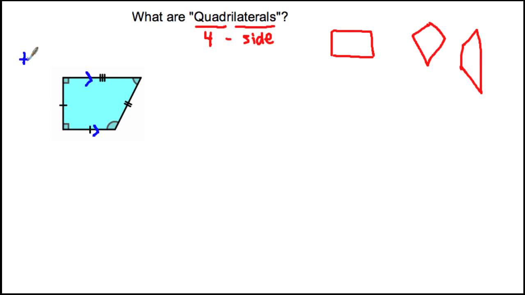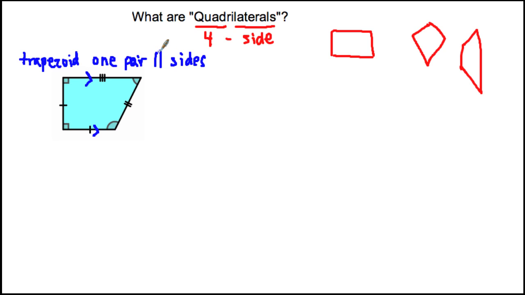So a trapezoid has one pair of parallel sides, and that little symbol here means parallel. So this is our first major type of quadrilateral.